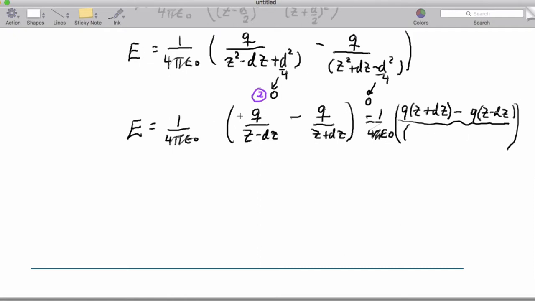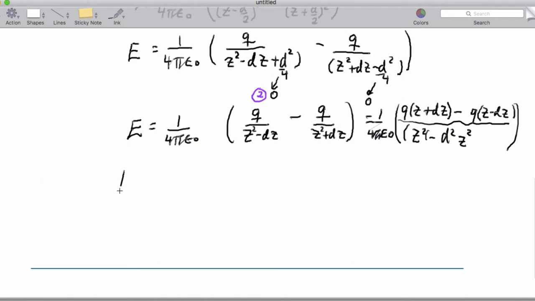I'm going to do the difference of squares, so this ends up being z squared minus d squared z squared. Sorry, this is z to the 4th. This should be a squared here and a squared here.